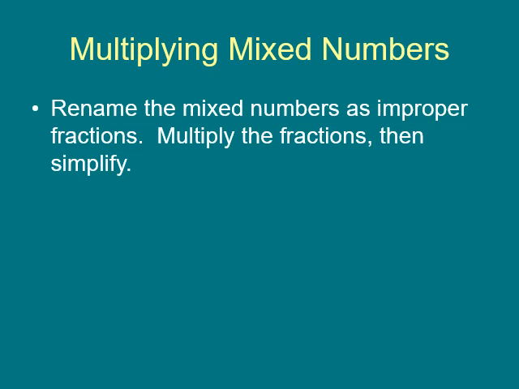In this case, kukuhanin nyo yung equivalent improper fraction ng mixed number. Then, multiply the fractions, then simplify. Okay? So, for an example, meron tayong given 1/4 multiplied by 8 and 4/9. So, using this one, this is an example of a mixed number and a fraction.